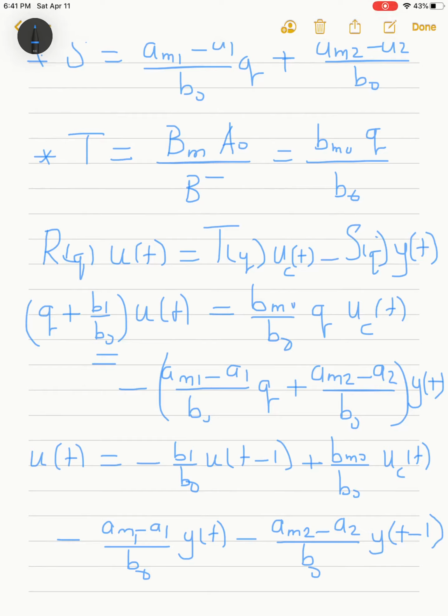So this would be the control law, and if we know the actual values of the plant parameters, we can just substitute for this, and the closed loop system will act as the reference model.